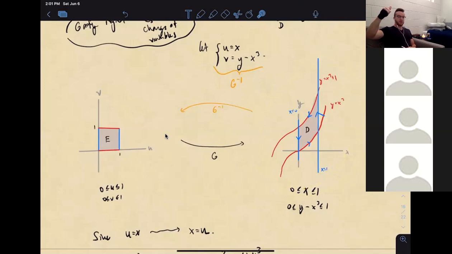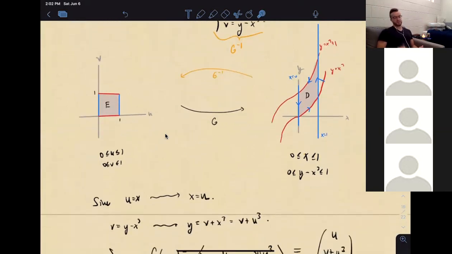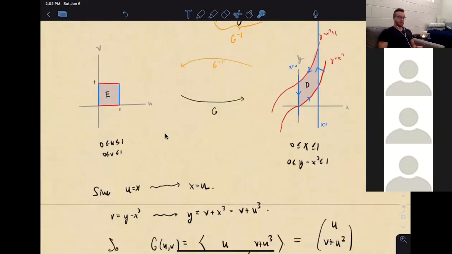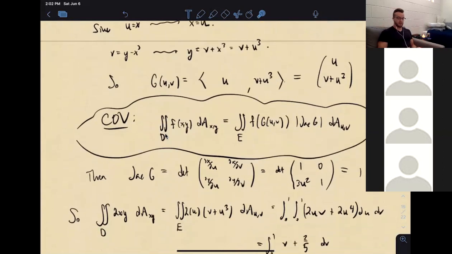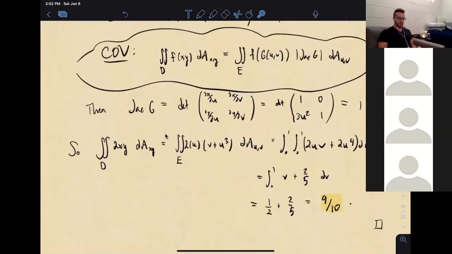And our Jacobian was positive, which means the region over here is also oriented upwards. But if you got a Jacobian that was negative, that would mean your G function is taking you from a downward oriented thing to an upward oriented thing. So the sign of the Jacobian is detecting orientation, which doesn't really matter for double integrals, which is why we put the absolute value in there. But yeah, it's a good question.